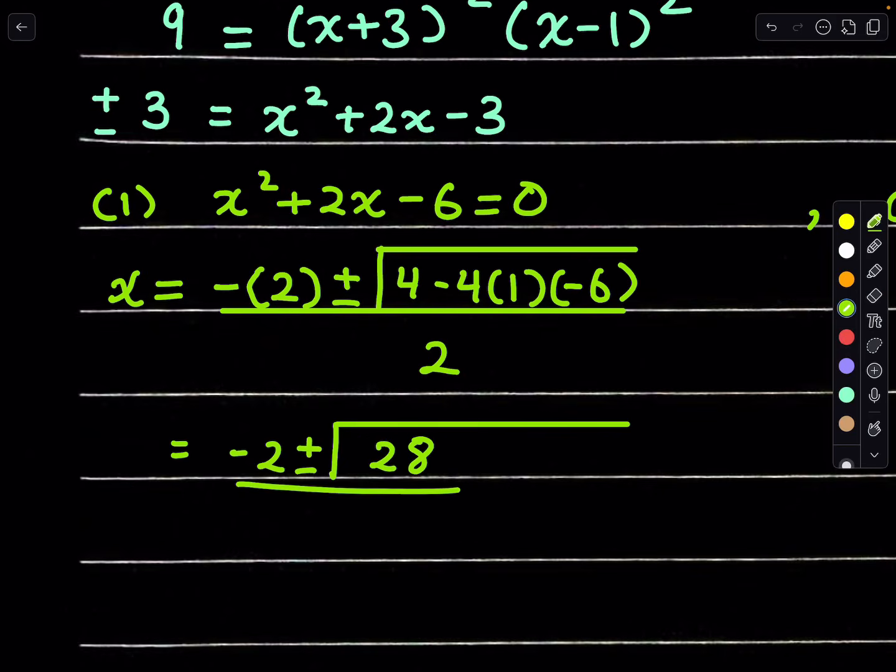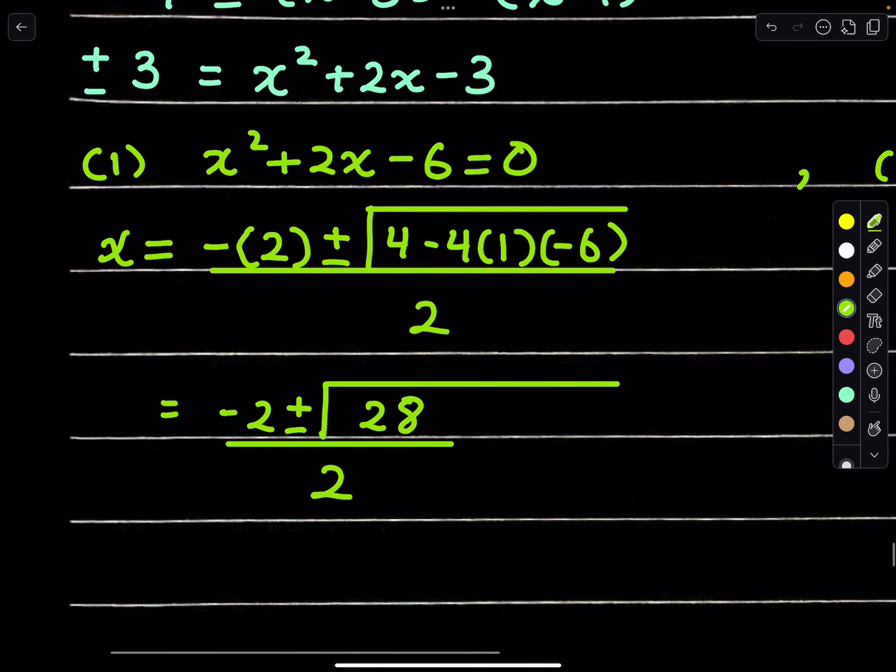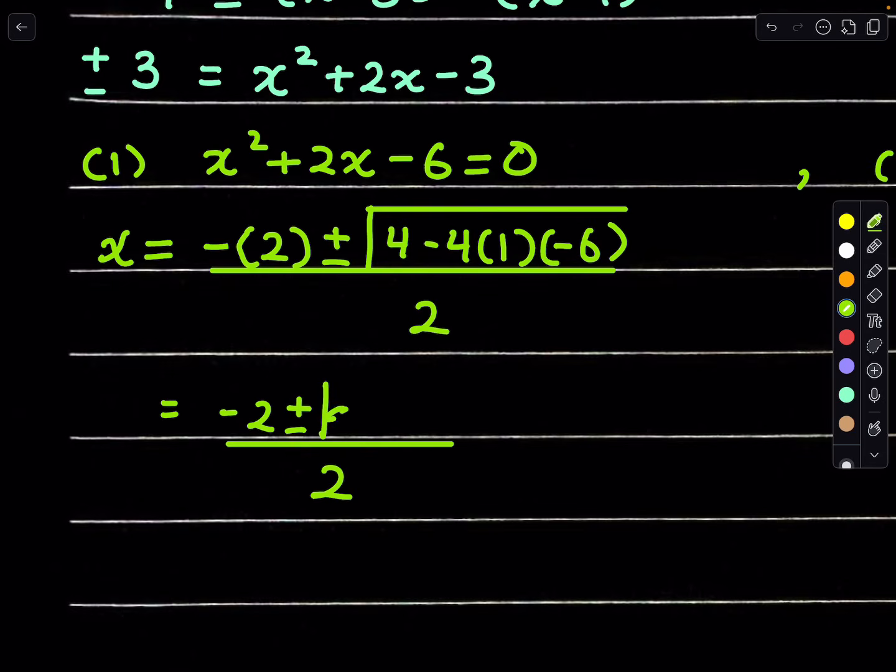And then it's being divided by 2. Okay, so 28 can be represented as 4 times 7. 7, 14, 21, 28. Beautiful. So the square root of 28 you can write as 2 root 7.